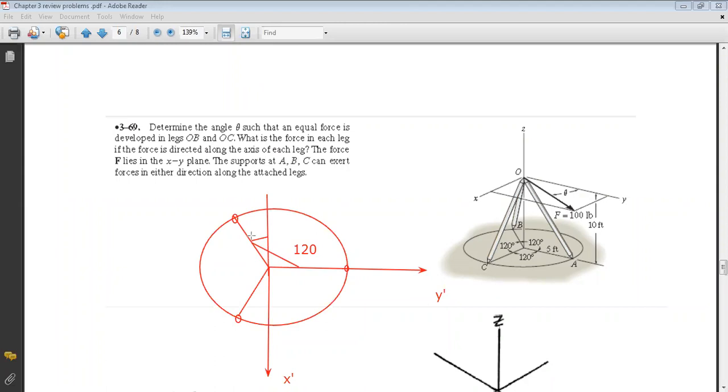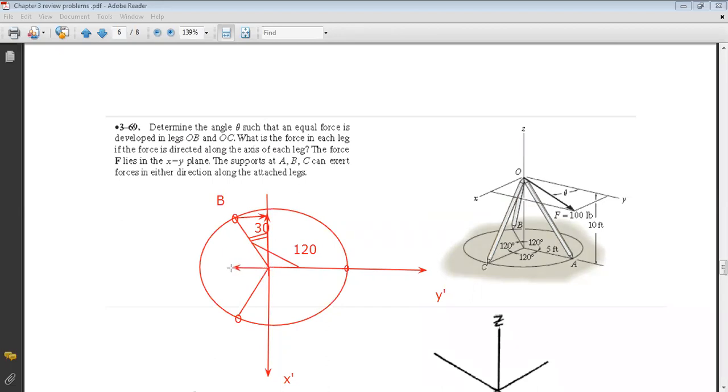Now I can project to find the coordinates of point B. B has a negative projection along x prime and also negative along y prime.